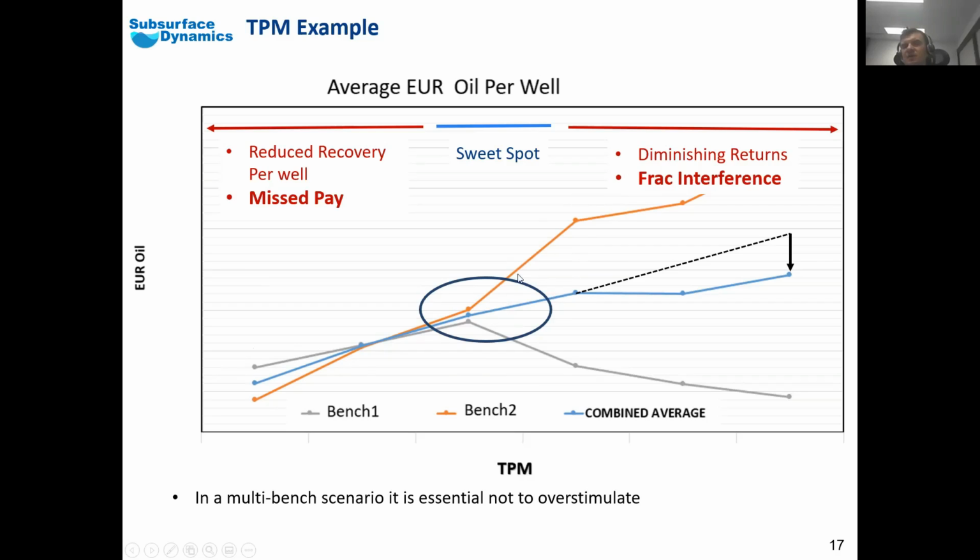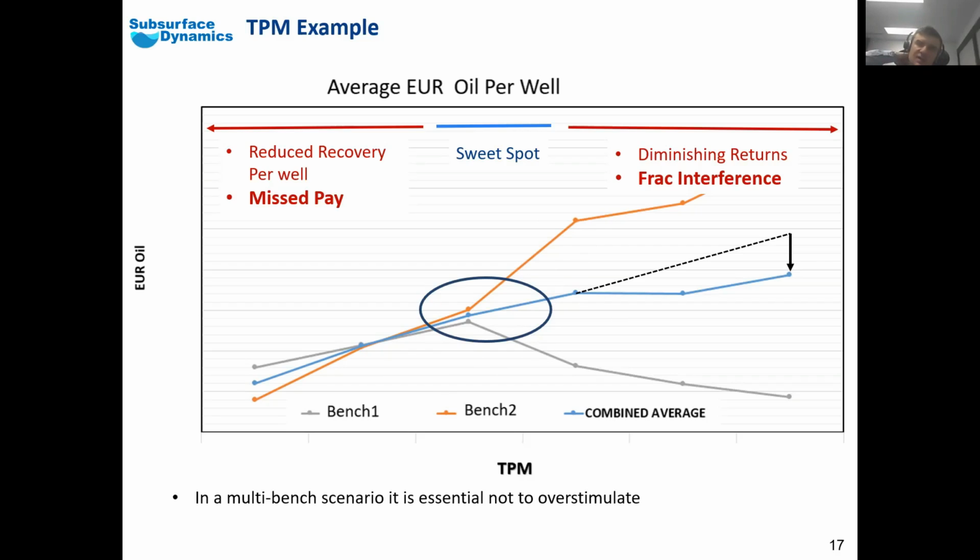So what you start seeing is that bench 2 fracs are occupying the space that bench 1 would take within the zone. The problem with this is that there is only so much you can do with the tonnage and fluids, and you cannot replace 2 fracs with 1 frac with exactly the same efficiency.